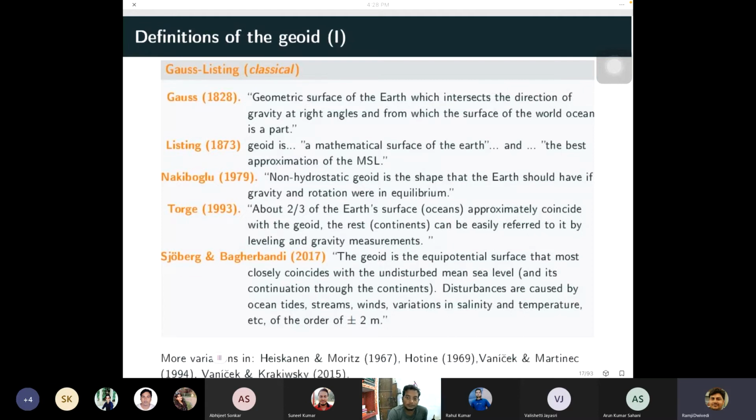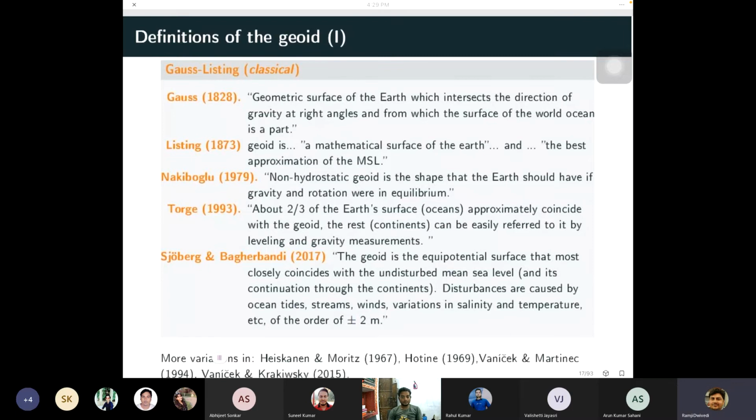But in reality, because of these processes, the tides, streams, winds, variation in salinity and temperature, that stability is not maintained, and because of that there is a variation in the geoid. That variation is also called sea surface topography, and that SST is of the order of plus or minus 2 meters.